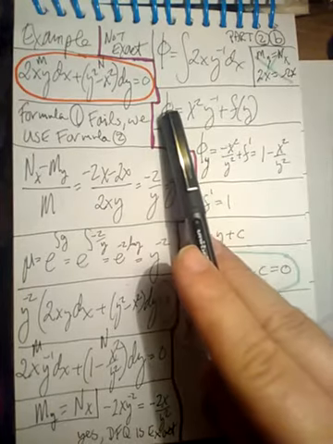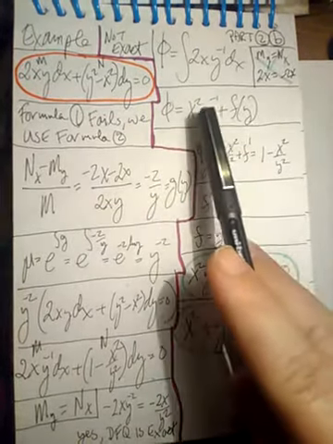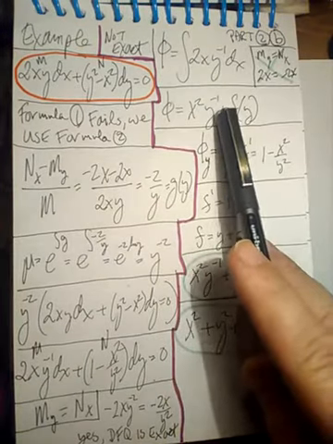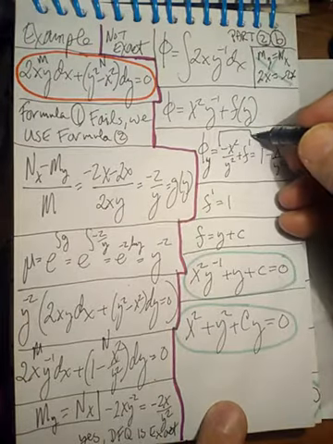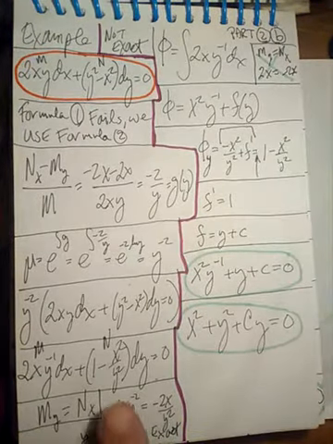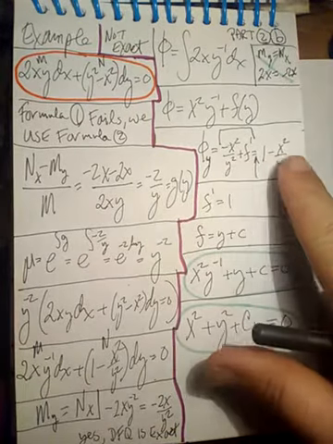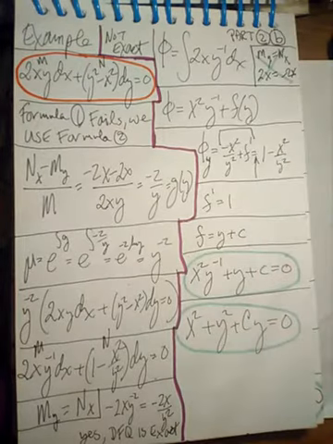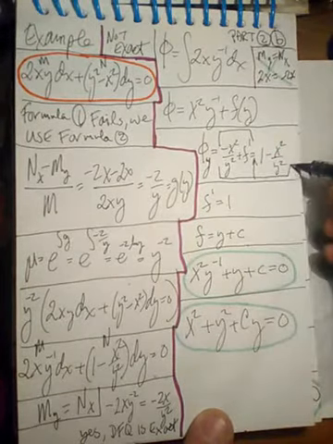And then we take the partial derivative of this with respect to y, which is this, of course, right there. And then we set it equal to N. So here's N, and I set this equal to N right there. And then we need to solve this differential equation right here.